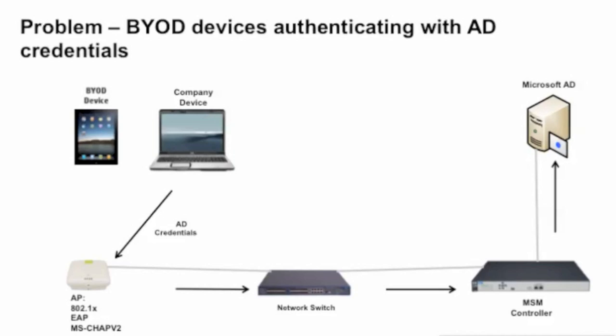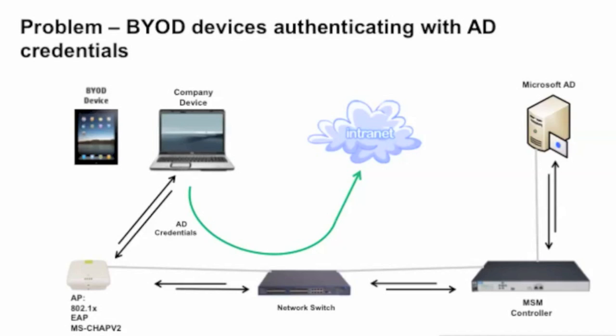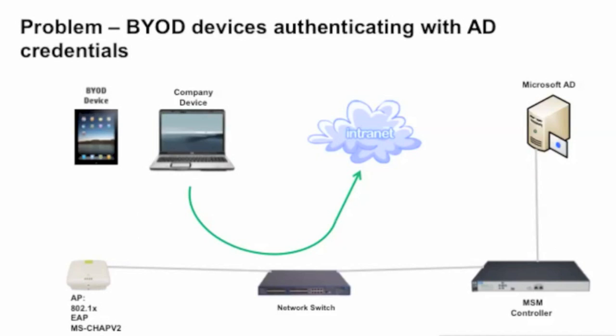I am leaving out a couple of arrows to simplify things a bit, but the company device connects to the access point, presenting the AD credentials to the network, which forwards them through the network switch over to the MSM controller and up to the Microsoft AD server, which provides a challenge response back. If everything goes well, the company device is on the internet and able to get access to the resources on the internet. And that's great.